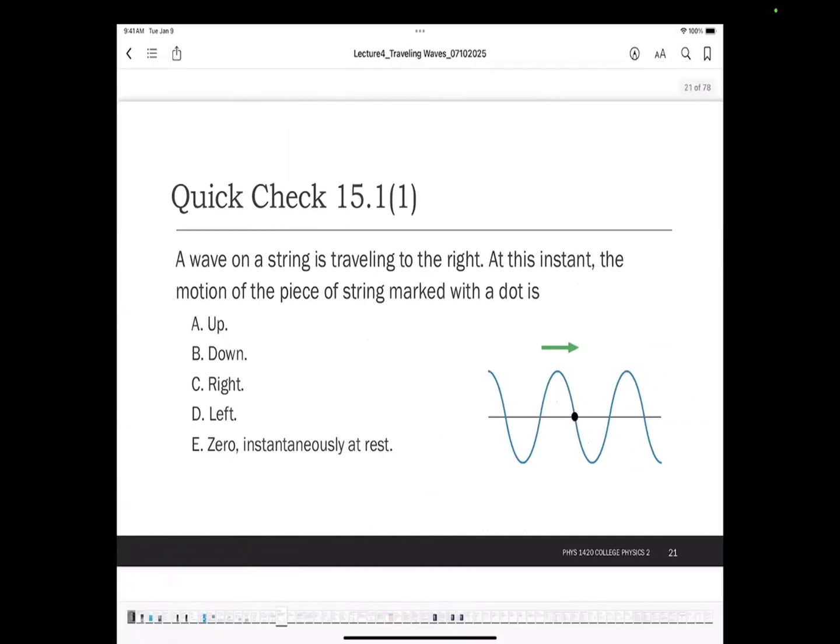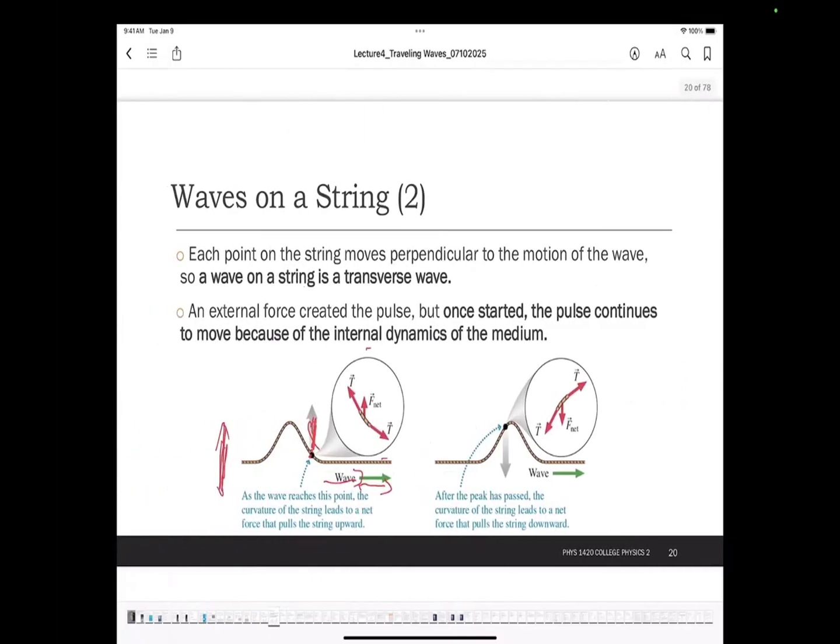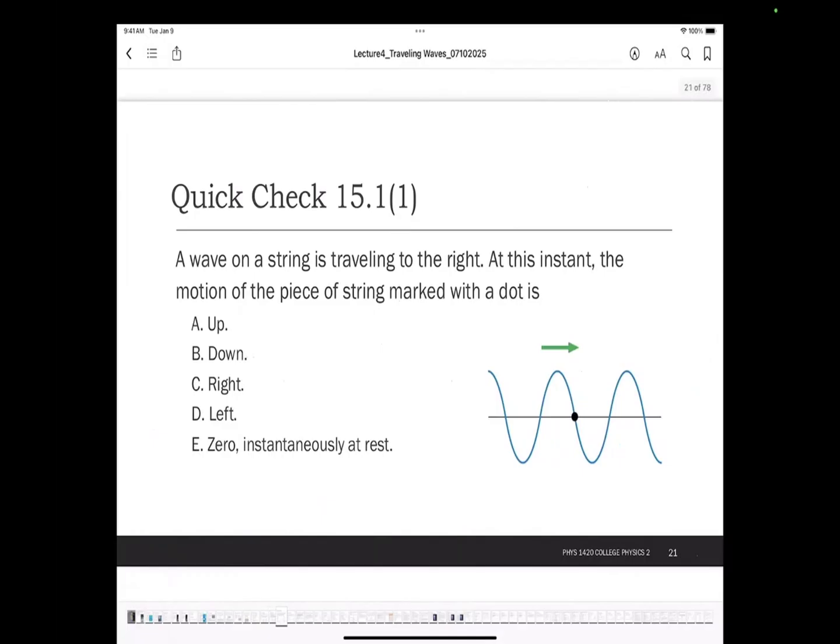Okay, let's check some questions to help us understand what we have already talked about. A wave on a string here is traveling to the right. At this instant, the motion of the piece of string marked with a dot is what?